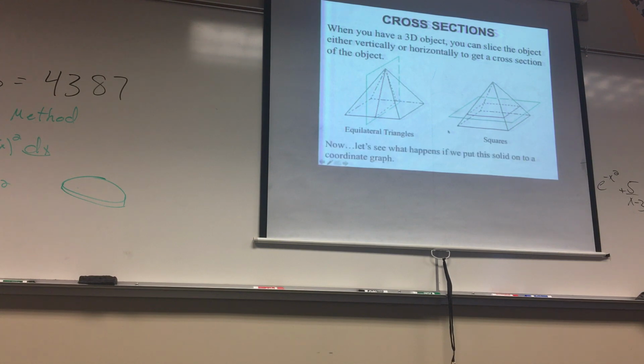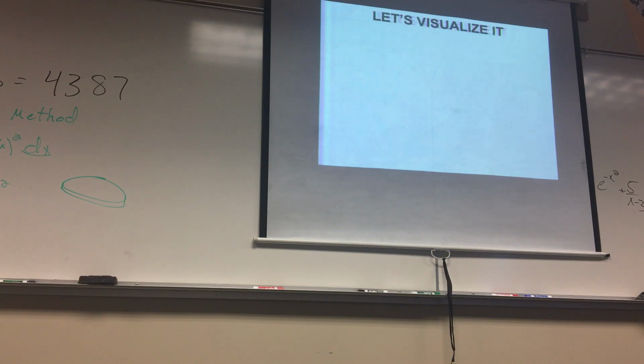So now let's see what happens if we put this solid onto a coordinate graph. Bear with me, I am trying to help you visualize this as best as possible because these are not easy to draw by hand. So we will turn the pyramid onto its side and cut it perpendicular to the x-axis infinite times.